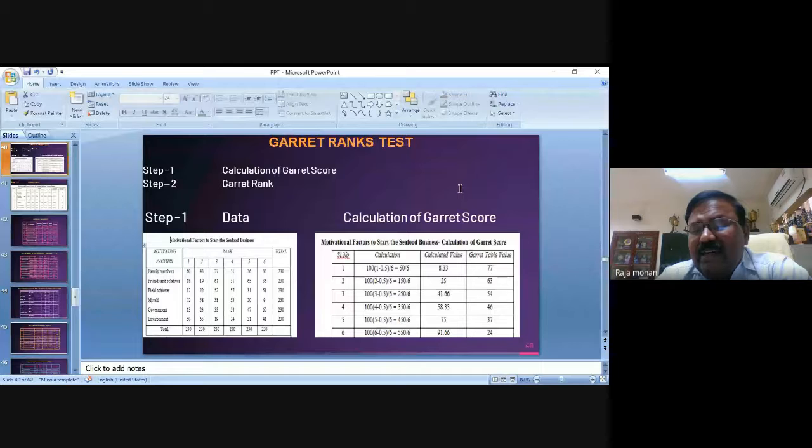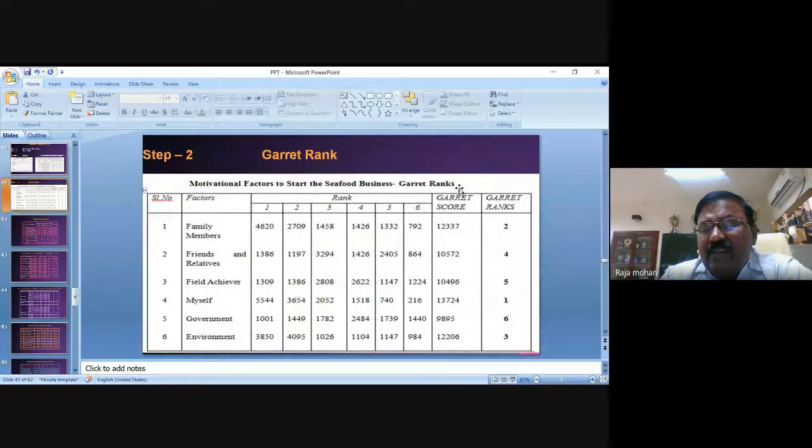Like the ANOVA table and other tables, we have the carat table, and based on the formula we compute the scores, and this is the carat score.